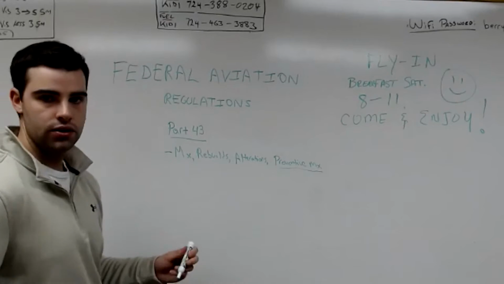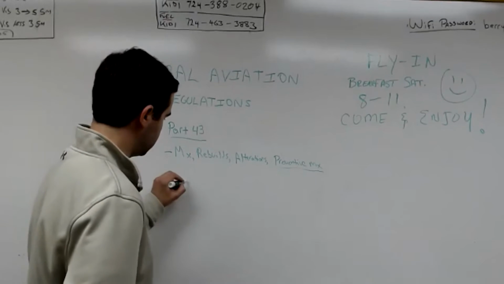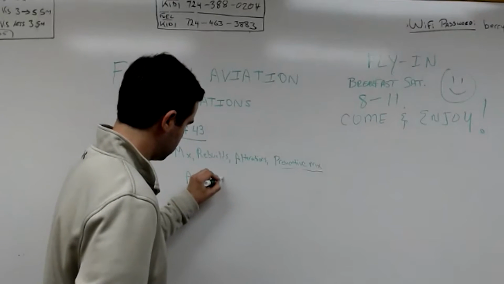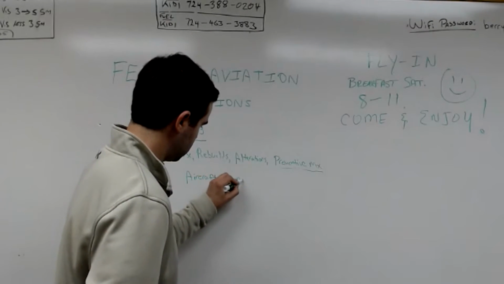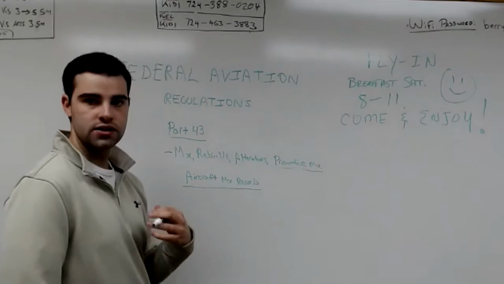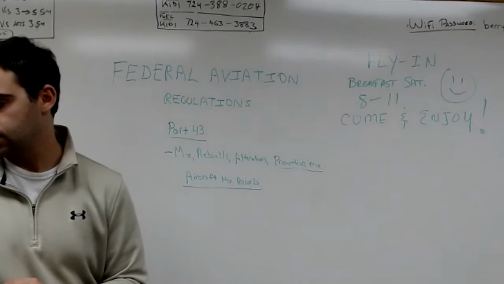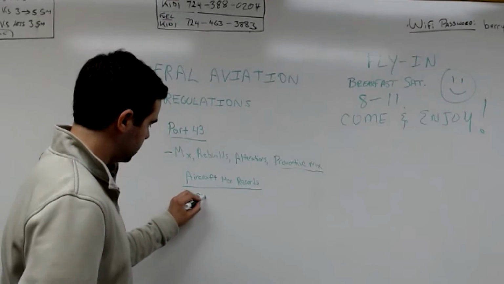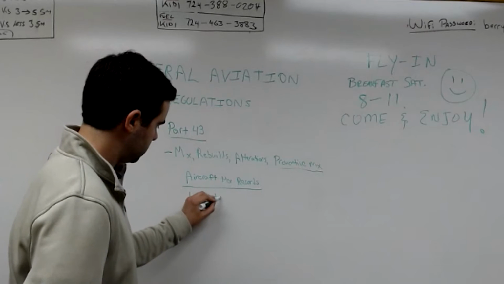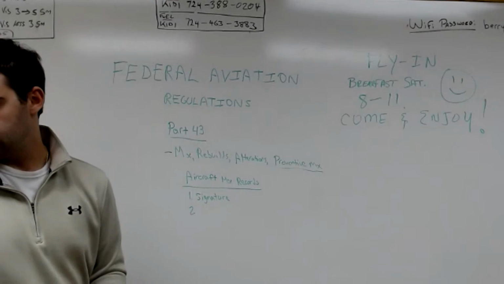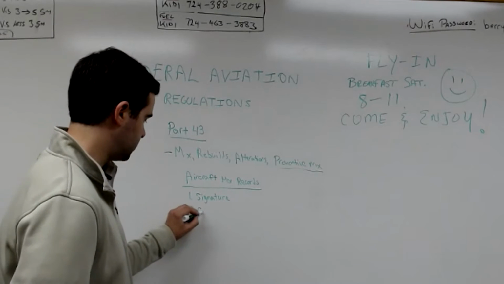So you're going to have to go into the aircraft maintenance records. And you're basically going to have to say that you did this maintenance on the airplane. So the FAA requires that you sign it. So you're going to need your signature. You're going to need your certificate number, just your pilot certificate number.